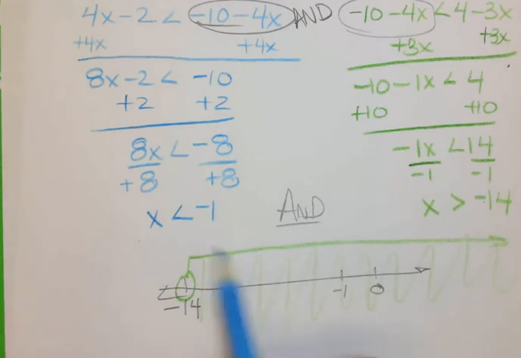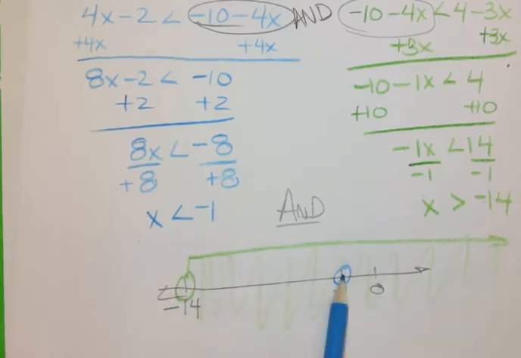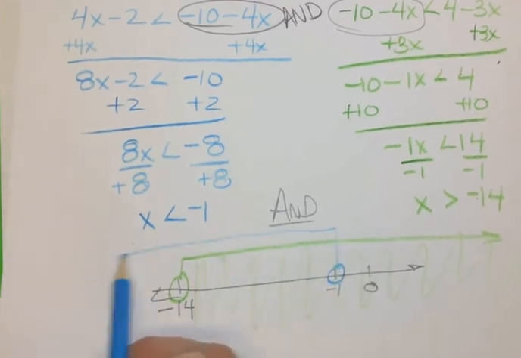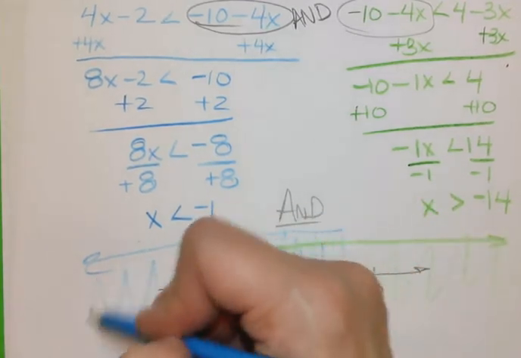Now all my blue numbers are less than negative 1, my bad. And so it's going to be an open circle as well. And the blue numbers are going to be everything in this direction.